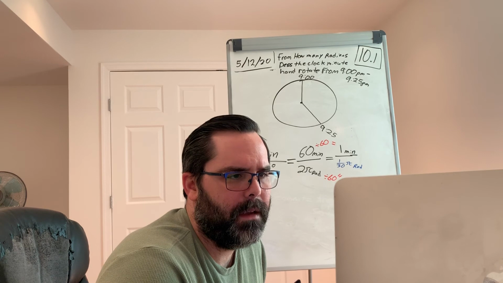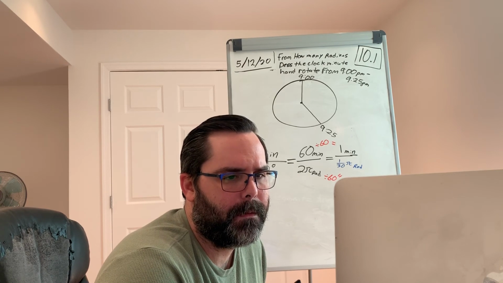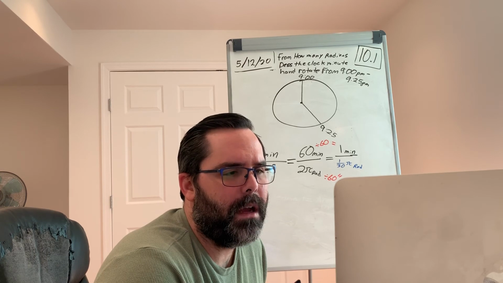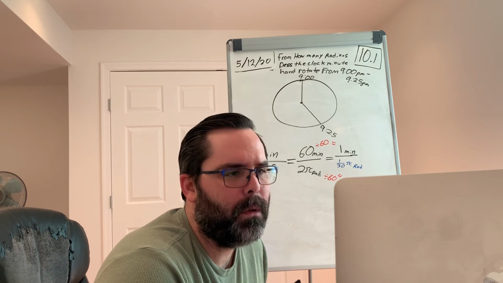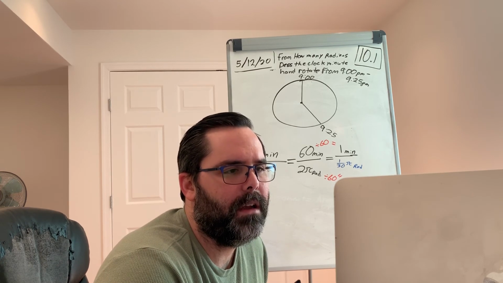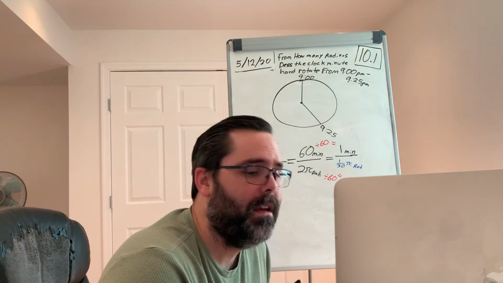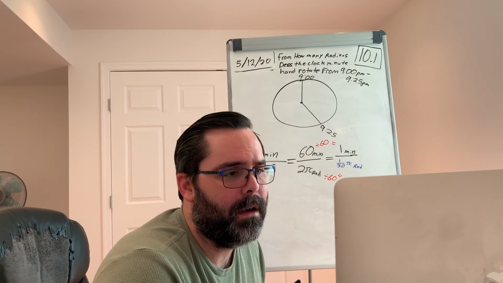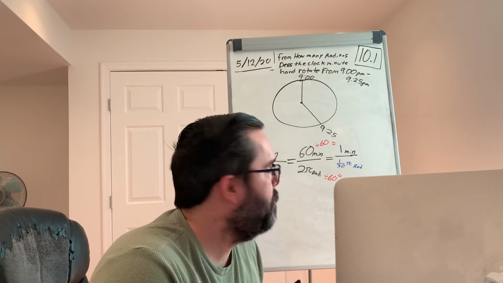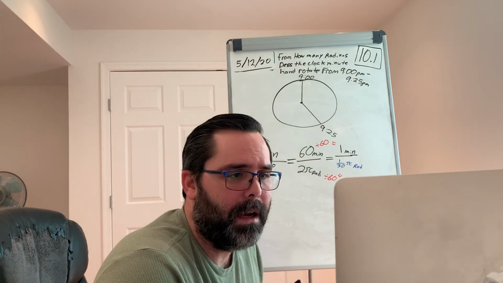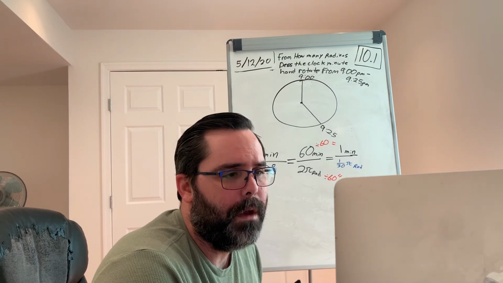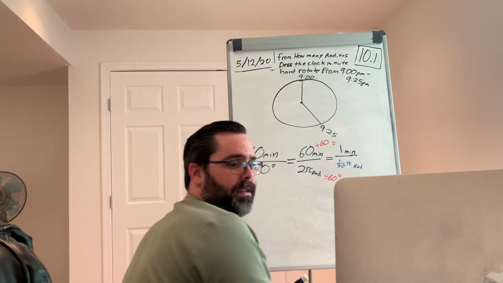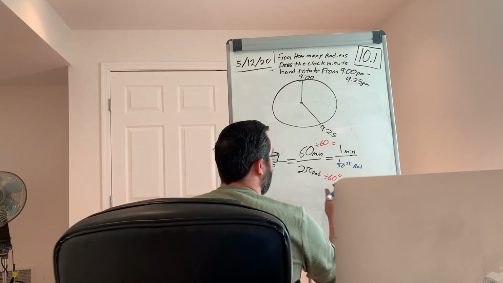Do you see how I did that? I'm basically reducing the fraction. I'm finding the unit rate. I want to know what 1 minute is. So if I go from 60 minutes to 1 minute, that means I divided by 60. But I have to do the same thing on the numerator and the denominator. So if you divide 2 pi by 60, you end up with 1/30 pi, or just pi over 30.